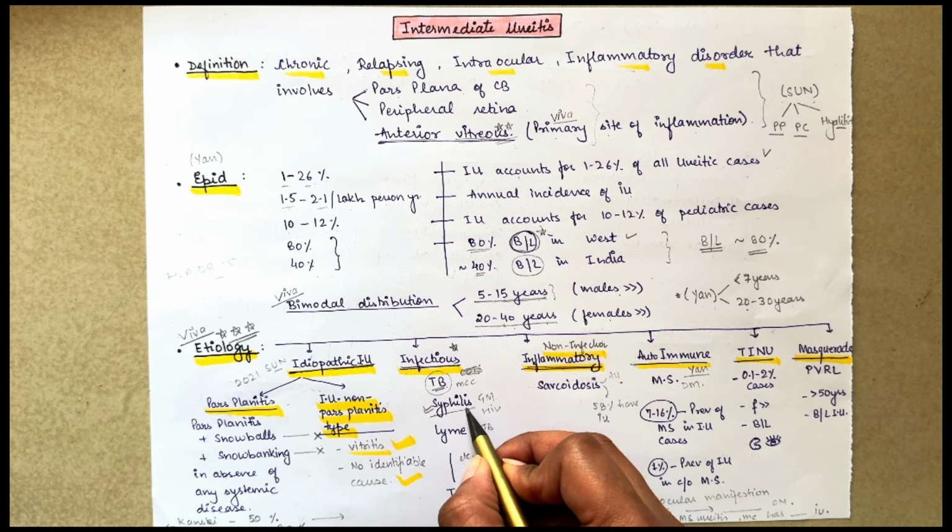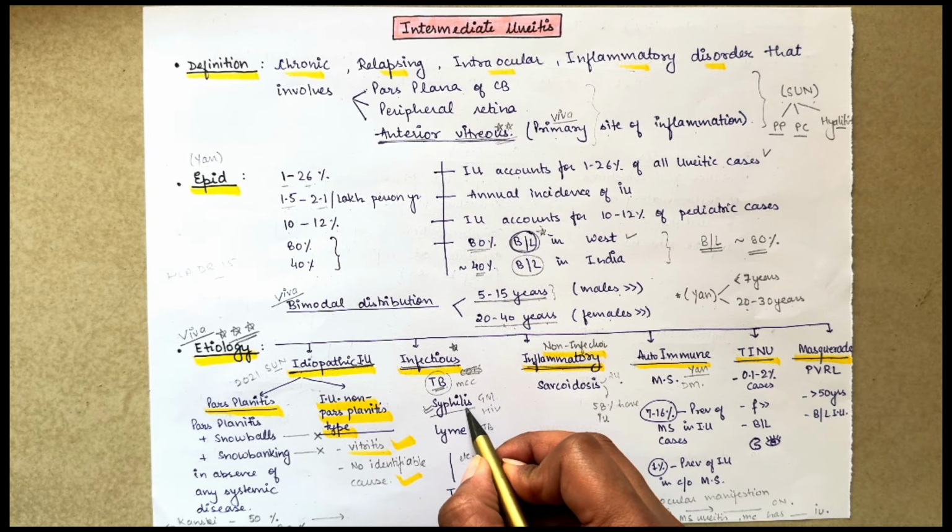and it is a bilateral disease. Masquerades or any malignancy can present as intermediate uveitis. So sometimes it is very important to keep this diagnosis as one of the differentials, especially when the person is more than 50 years of age and it is bilateral intermediate uveitis. So most commonly seen is PVRL. What is PVRL?